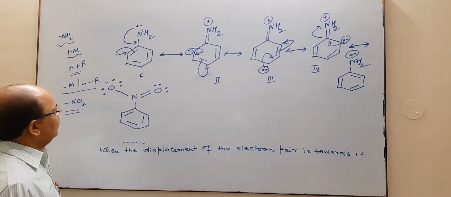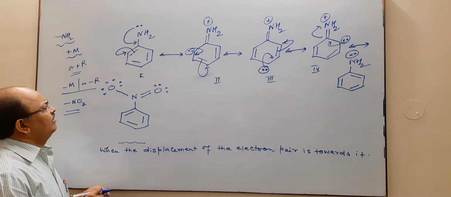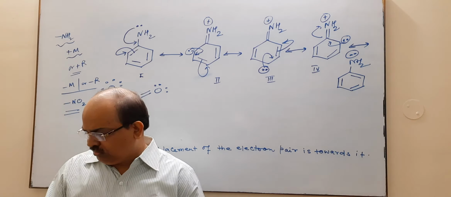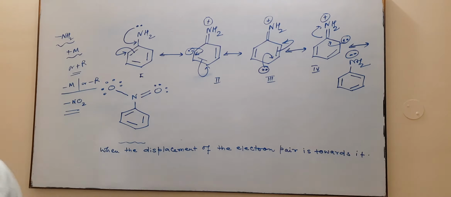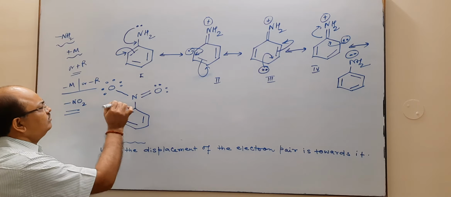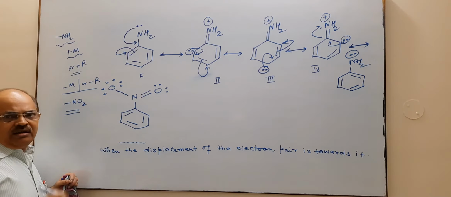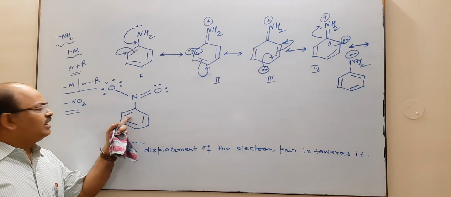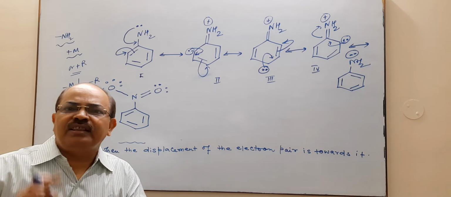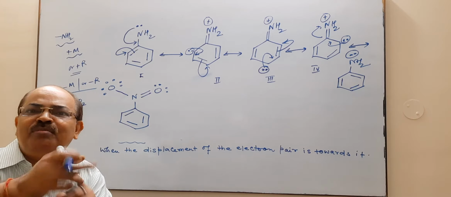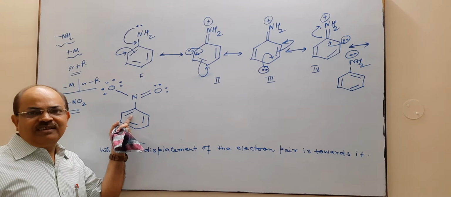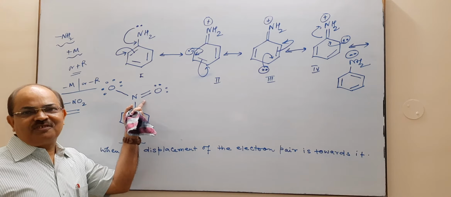Now what will happen in this case? Just observe what happens. This is a double bond in this case. Now in the mesomeric effect there is an interaction between a pi bond and a lone pair, or between two pi bonds. See, this is a pi bond, this is a pi bond.